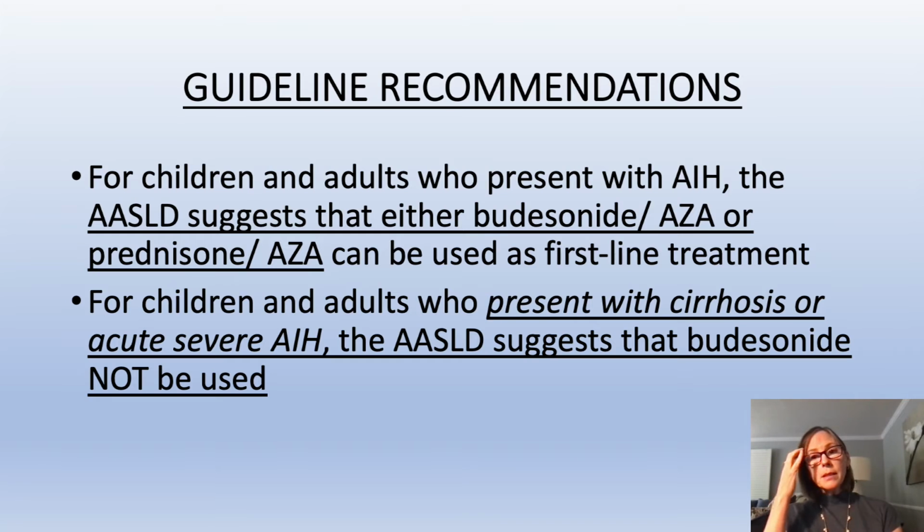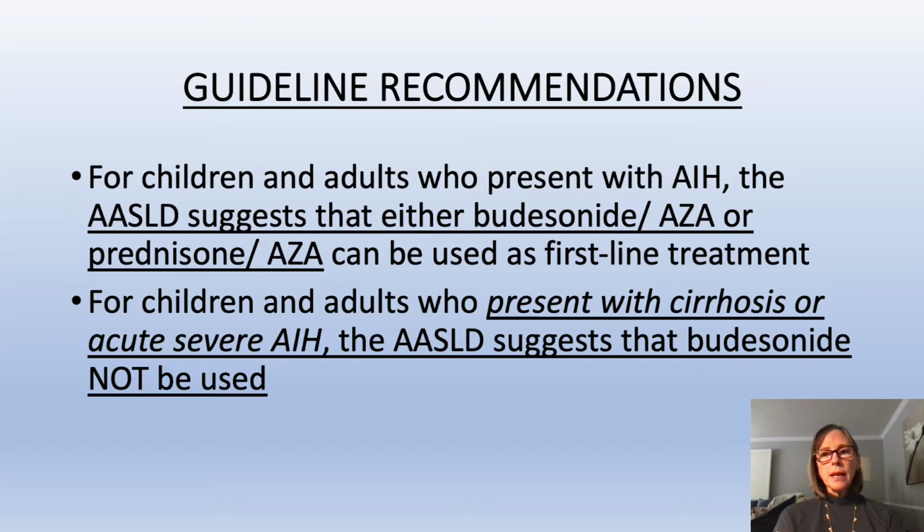Based on the systematic reviews and our expert opinions, the final guideline recommendation is that for children and adults who present with autoimmune hepatitis, the AASLD suggests that either budesonide with azathioprine or prednisone with azathioprine can be used as first-line treatment. The reason that we did not recommend budesonide over prednisone is due to the fact that these recommendations were based on only 2 studies.